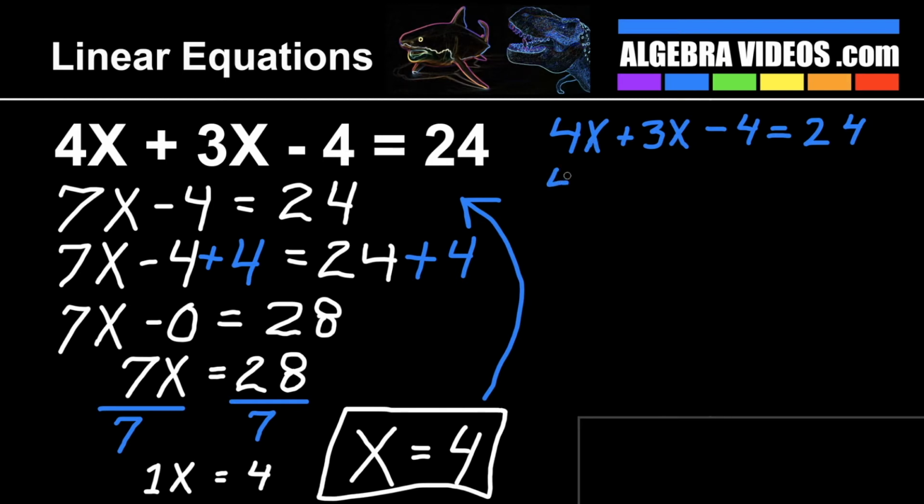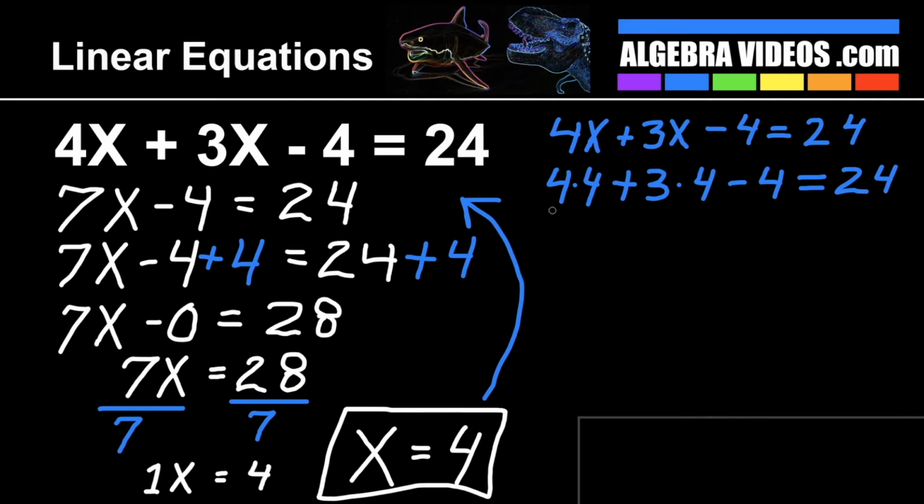So this would be 4 times, instead of x, it's 4 times 4. Plus the next part here, instead of 3 times x, it's going to be 3 times 4. And then minus 4, that's just in the original equation, equals 24. I'm just rewriting what's above.